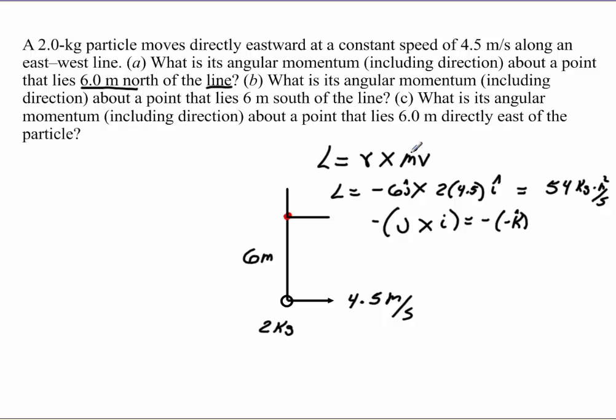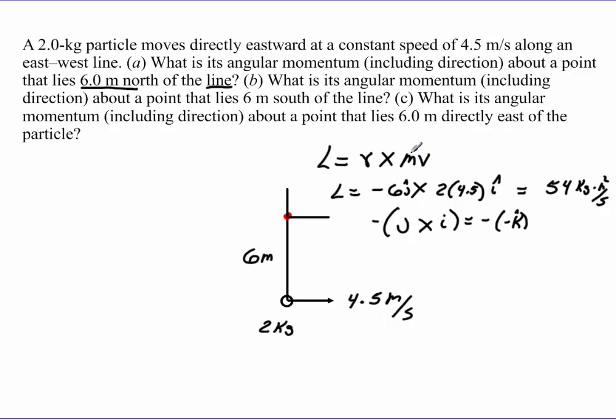How, if it's going east? I thought the particle was just going straight. It is, but I'm just saying, in relationship to this point here, what is this angular momentum? Angular momentum, in regard to this point, is going to be the cross product of this times mass times velocity. So if it was going this way and I had this, it would want to go right into a circle.